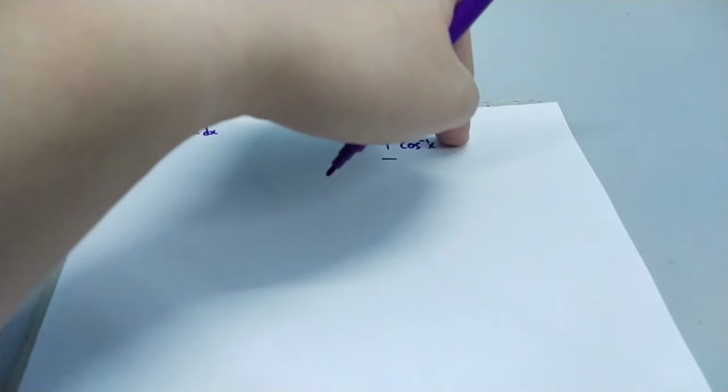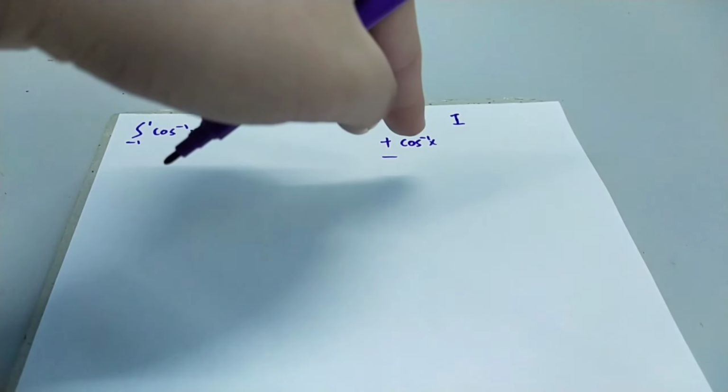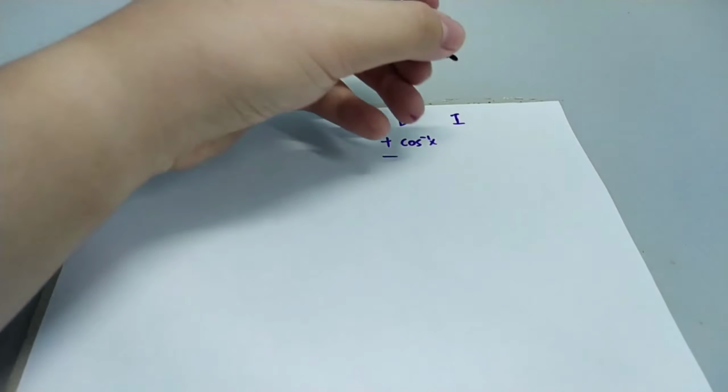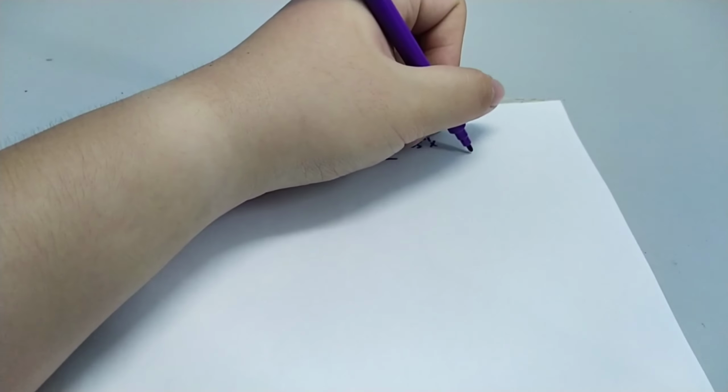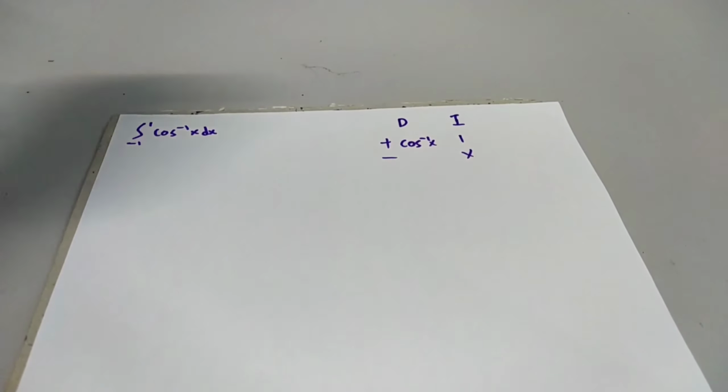What about the integral? Integration by parts is a method to solve an integral where you have a multiplication between two functions, right? So we got inverse cosine of x, and the other one is going to be 1, and then when we integrate we get x, right? But what about the derivative of inverse cosine of x?